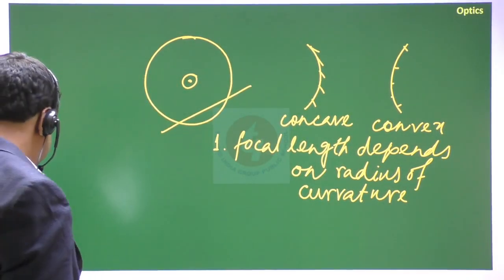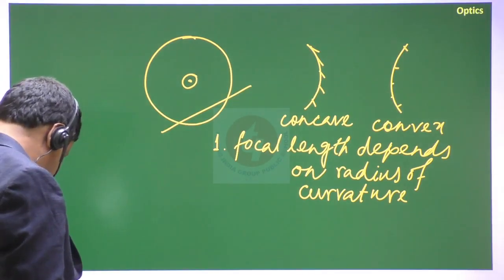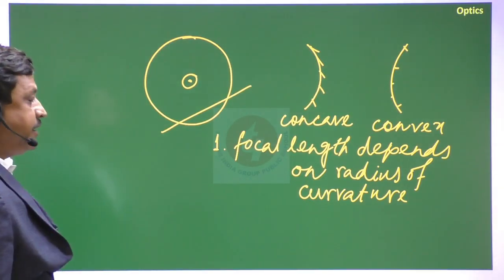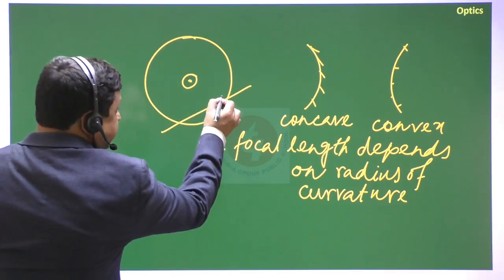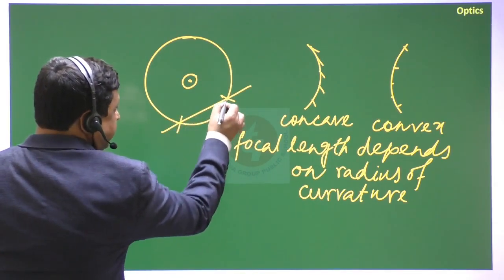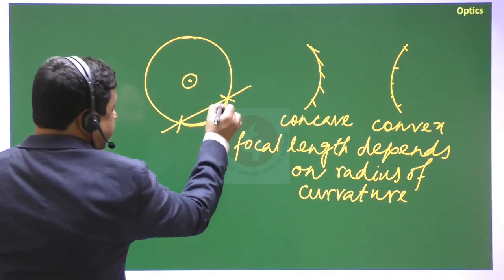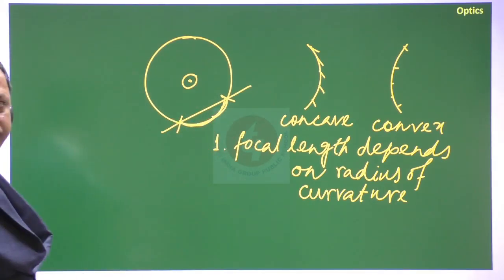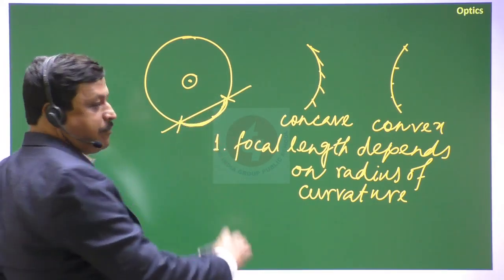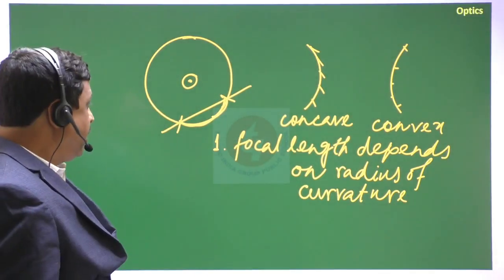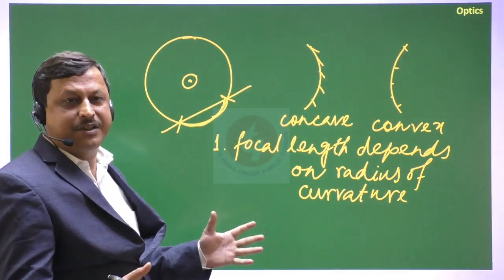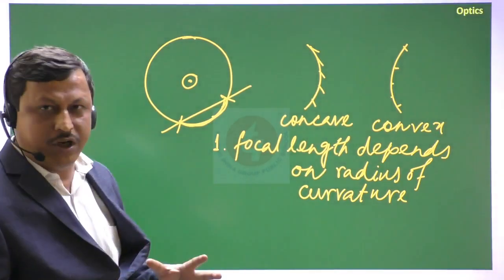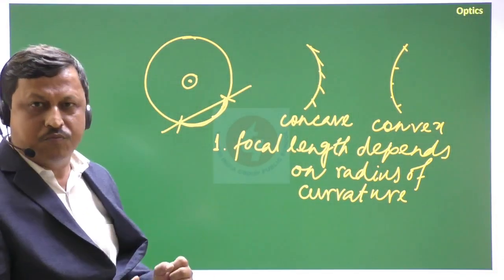And there is another thing we will discuss. This position, that means the cutting position of the mirror, is called the aperture. This aperture may be very big, or a mirror may contain a small aperture.